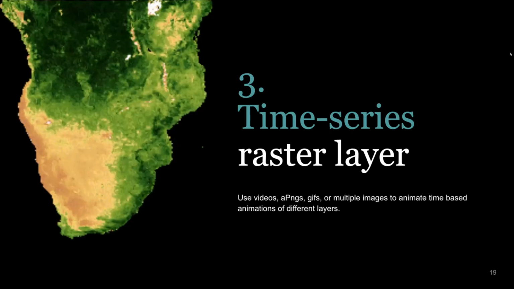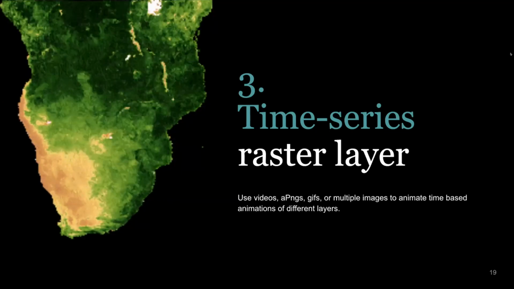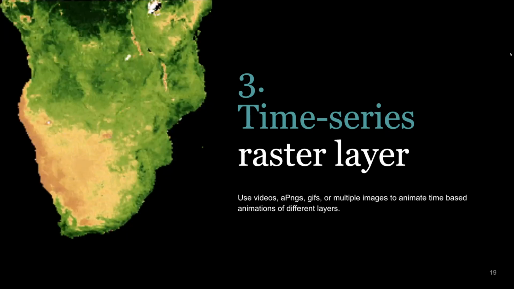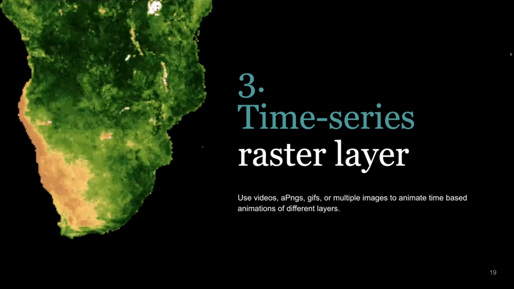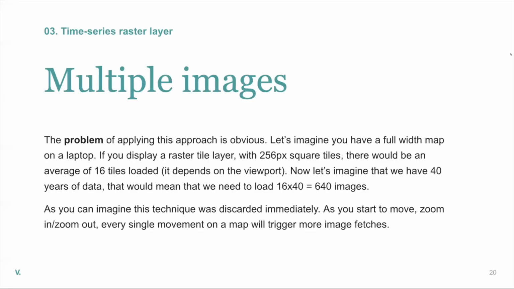We tried different ways, so we are going to go one by one and check what went well and why we discarded some of them. We started with: why not load multiple images? For each tile, we load all the information related to that tile.